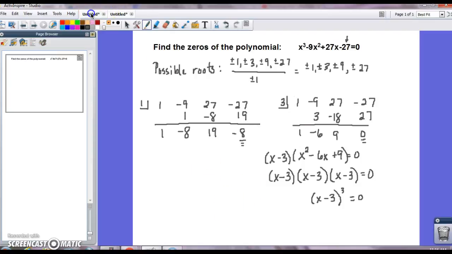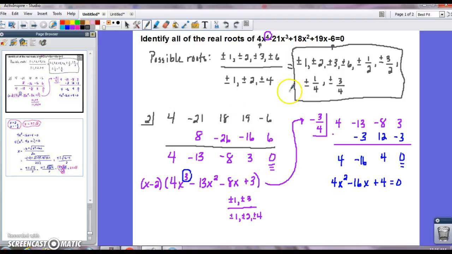Let me also show you this, Jesse, really quick. This is a 4th degree polynomial. You see here that we took all of the factors of the constant term divided by all of the factors of the leading coefficient, and then listed out all of the possible roots. We tried some. We end up with 2 here as a root, which makes x minus 2 a factor, and now I have this 3rd degree polynomial, which I also cannot factor, and so I went through the process again.